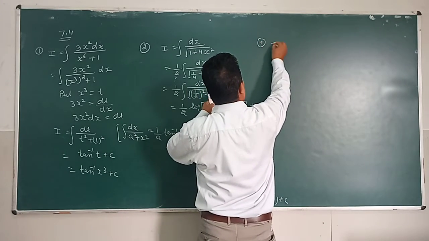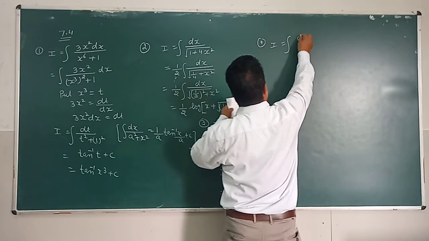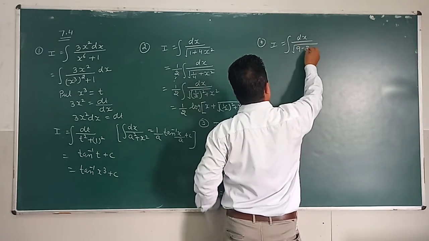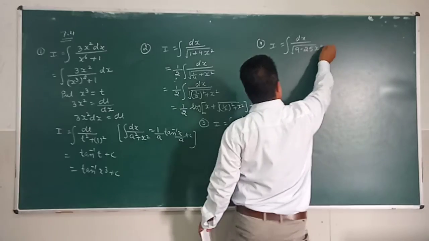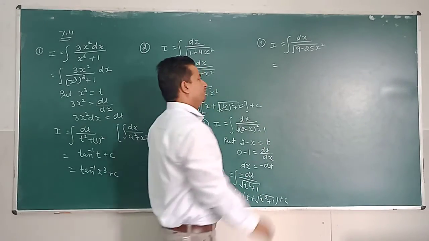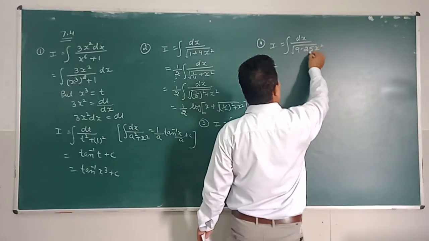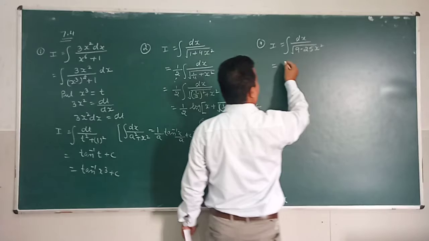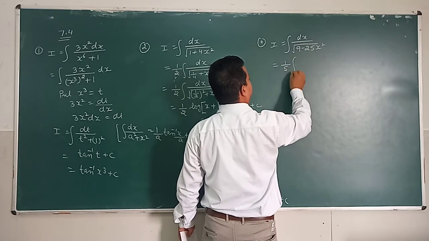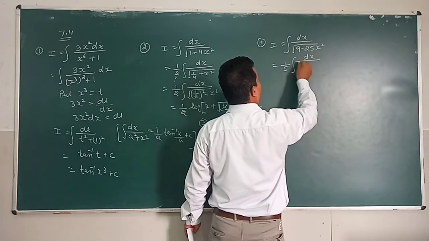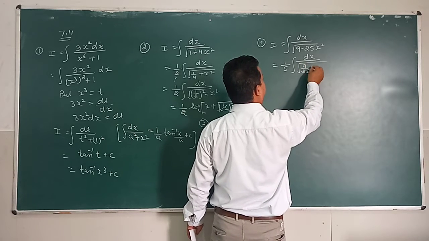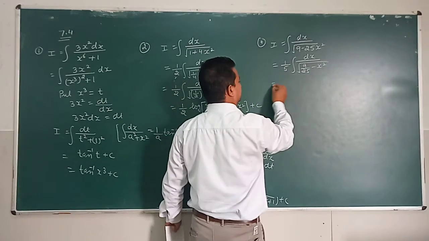In fourth part, I is equals to dx upon square root of 9 minus 25 x square. First of all, we make this coefficient unity. For this, take 1 by 25 common, which is 1 by 5 outside the square root, and this is 9 by 25 minus x square.